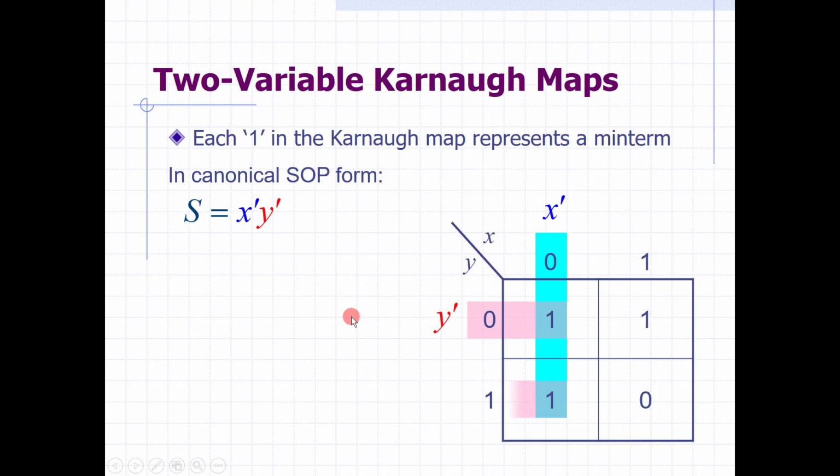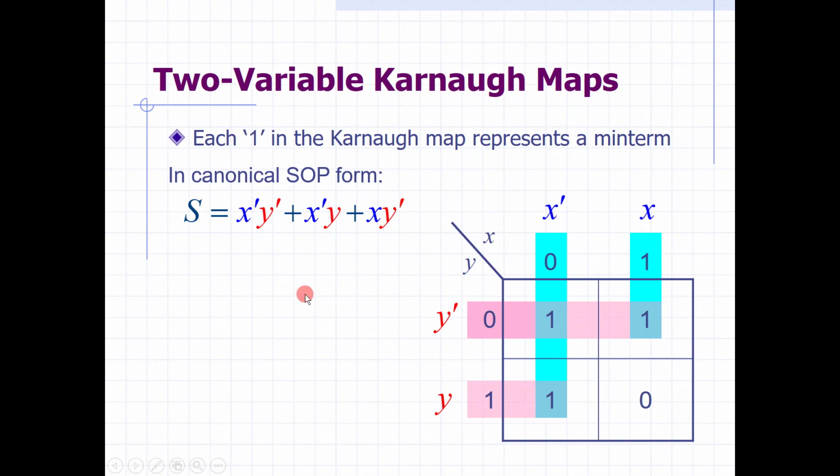And we can do that for all the terms. This is x naught ANDed with y, so we'll add that on. And then the final one is x is a 1, y is a 0, so x is positive and y is knotted. That's the SOP canonical form for this expression.